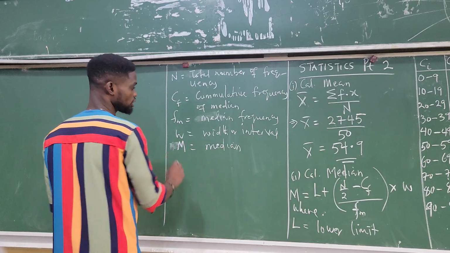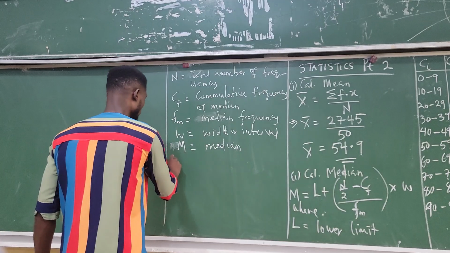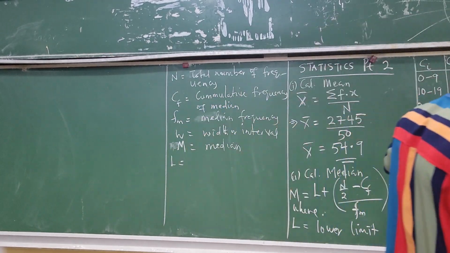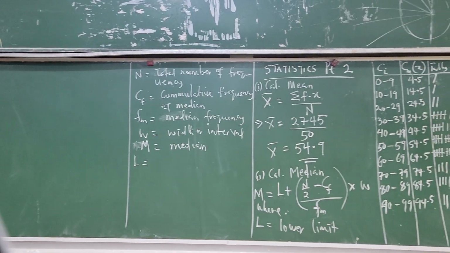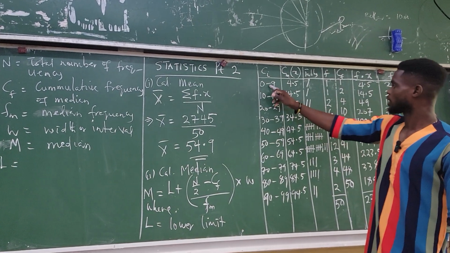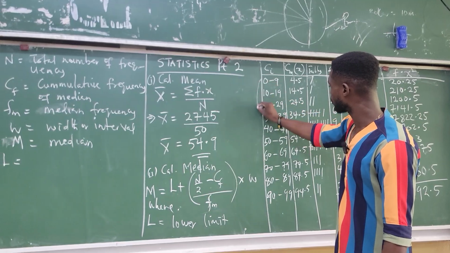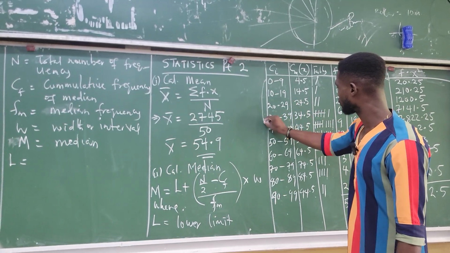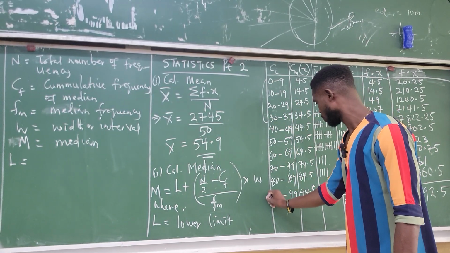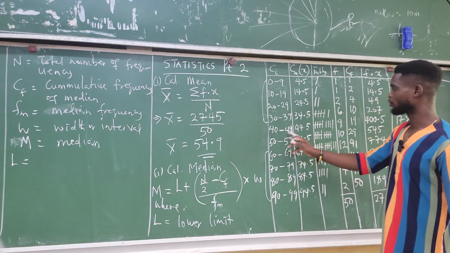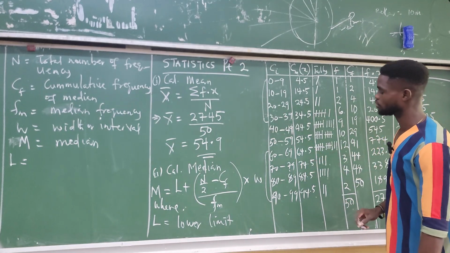So we need to know what our n is. Our L is what? If you check your L from our table, if you have 1 to 4, 1 2 3 4, and also have here 1 to 4, you discover that 40 to 49 and 50 to 59 is the middle number.